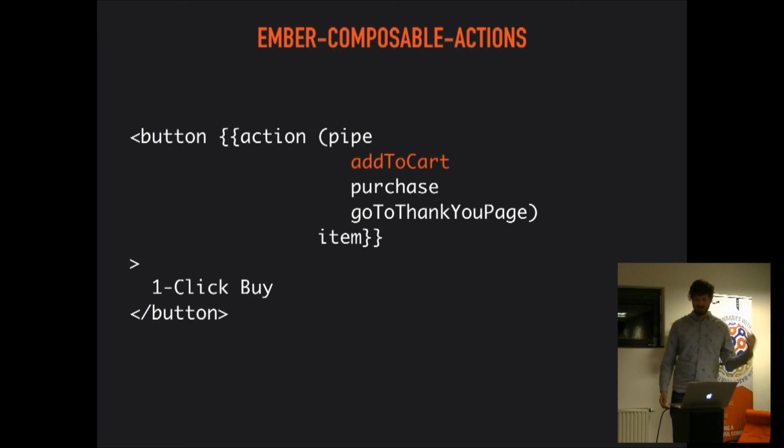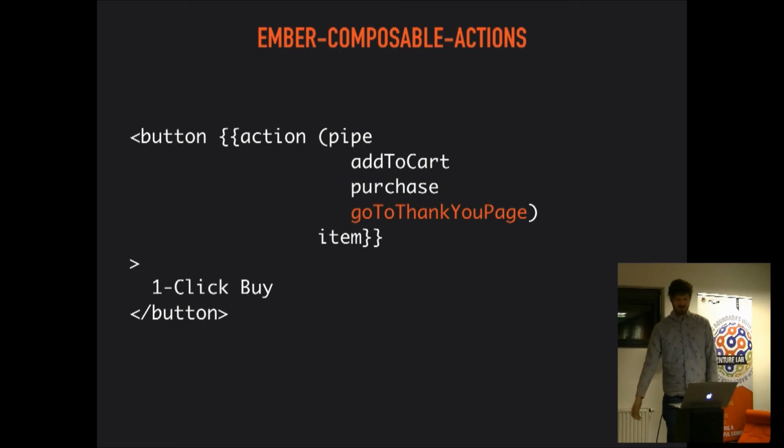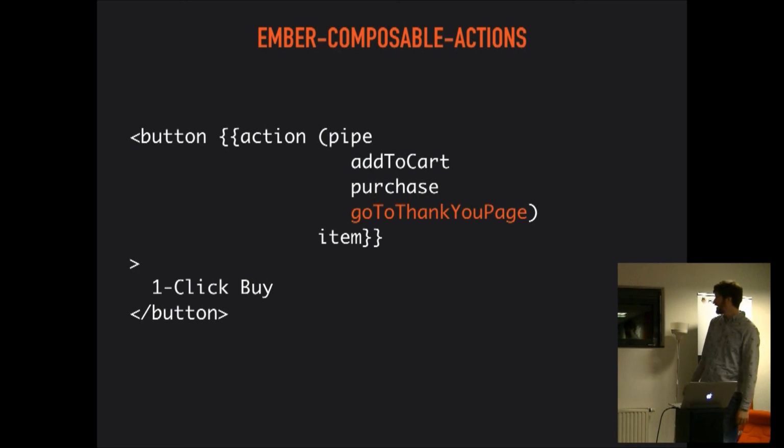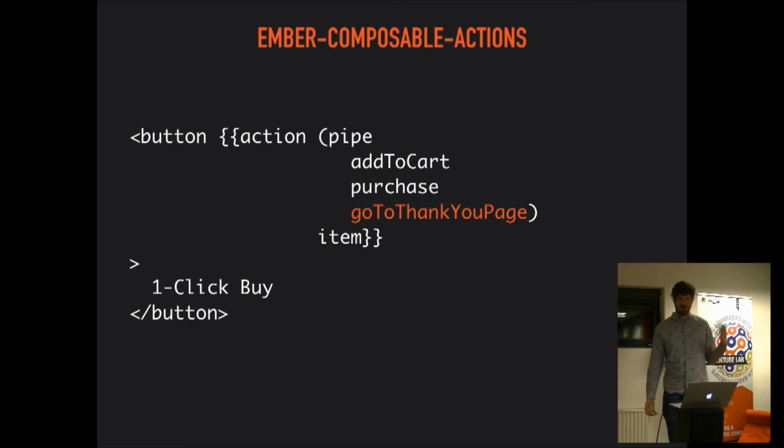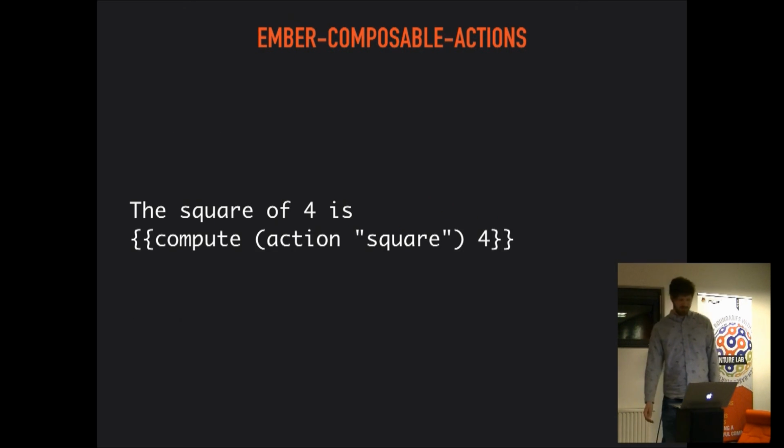Whatever is returned from add to cart is piped into purchase, and whatever is returned from purchase is piped into the go to thank you page action. This way you can define three actions in one go in your template. Another cool helper is the compute helper, which will call an action and render whatever is returned in your template.